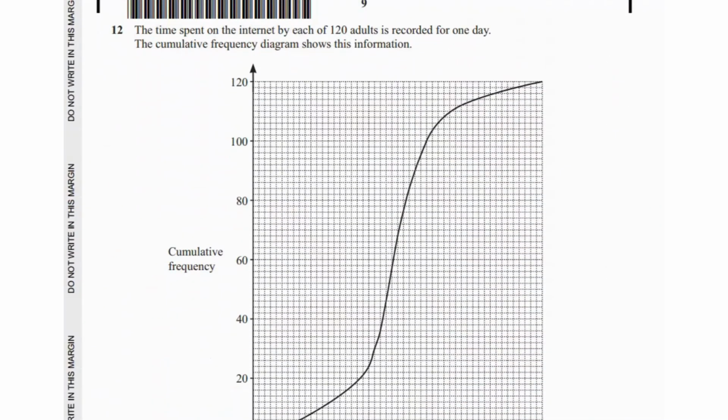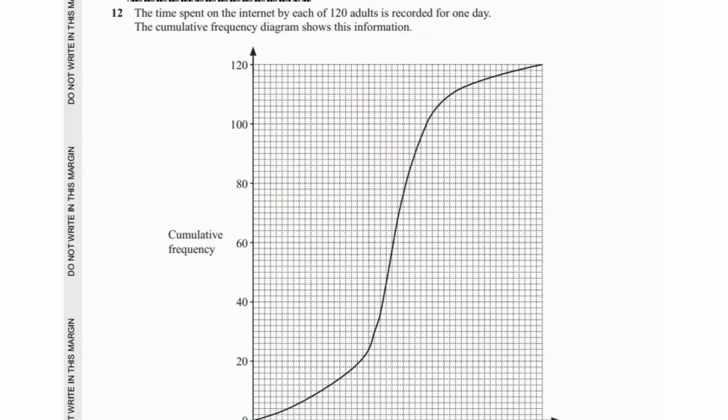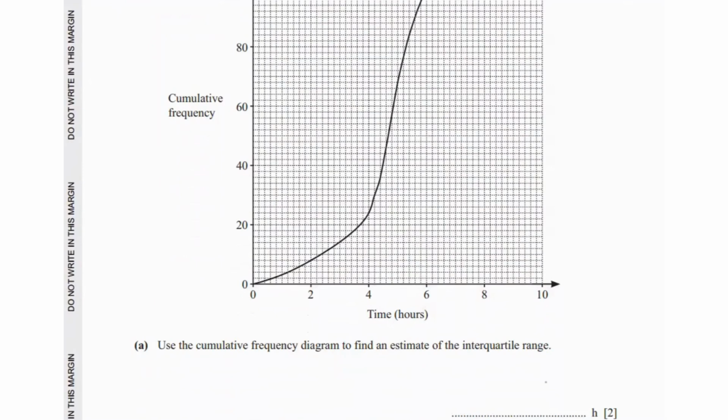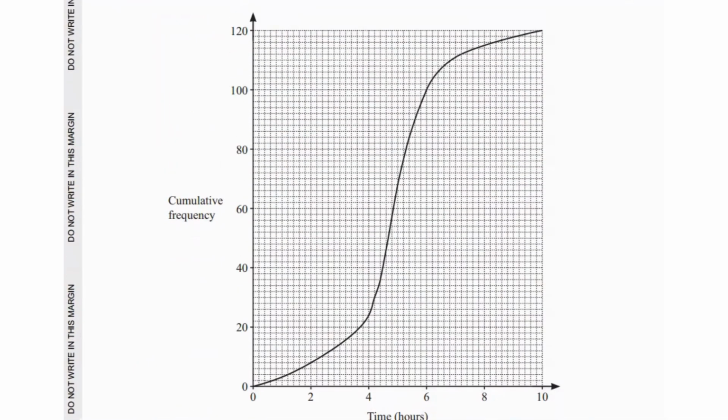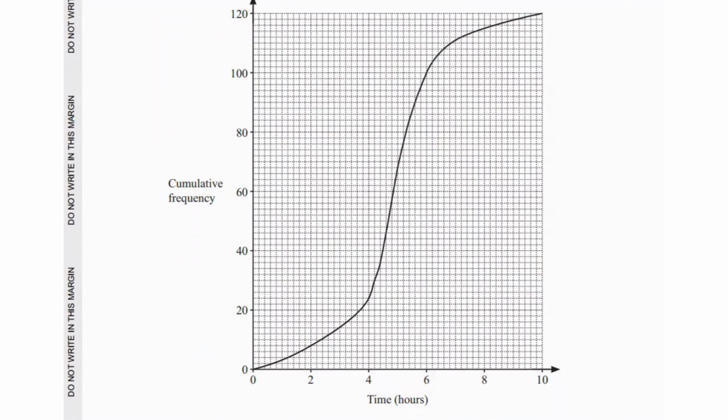Then it says the time spent on the internet by each of 120 adults is recorded for 1 day. The cumulative frequency diagram shows this information. Use the cumulative frequency diagram to find an estimate of the interquartile range. For the interquartile range, what we need is the upper quartile and the lower quartile.